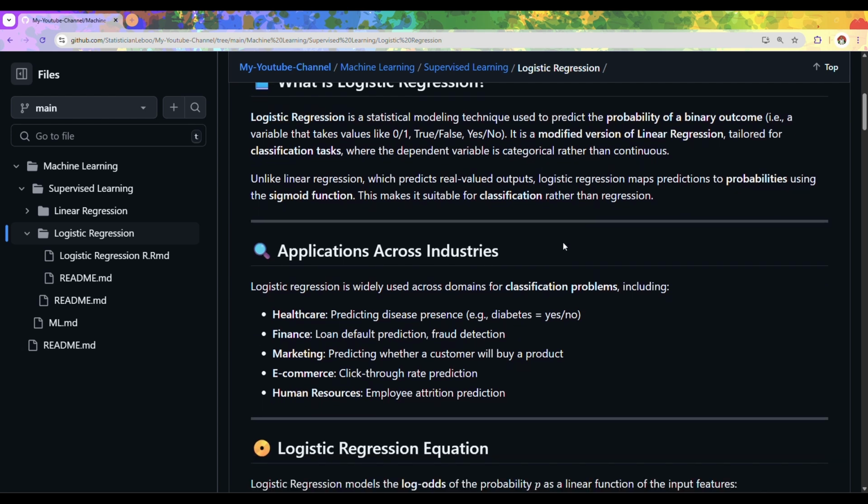Logistic regression has several applications across various fields.